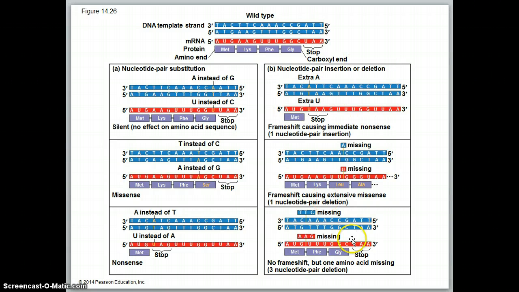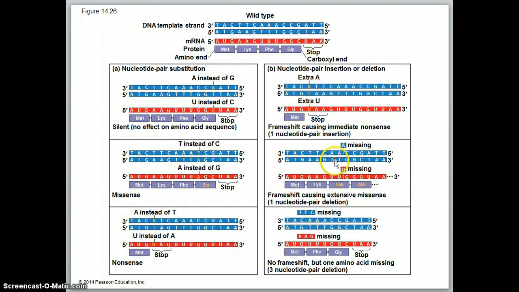Over here we have frame shifts. So in this example up top, we have an extra nucleotide. So this is an addition or an insertion. And in this case, the insertion caused an early stop codon. And so this is a frame shift causing an immediate nonsense.